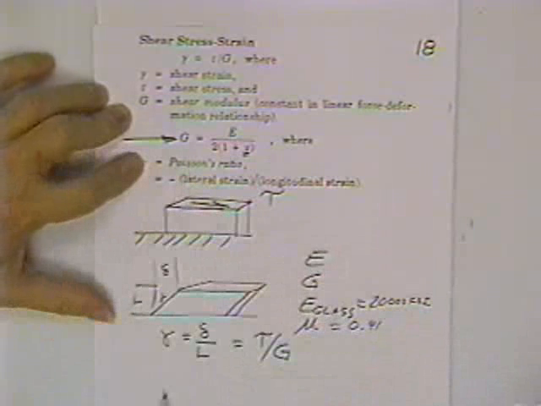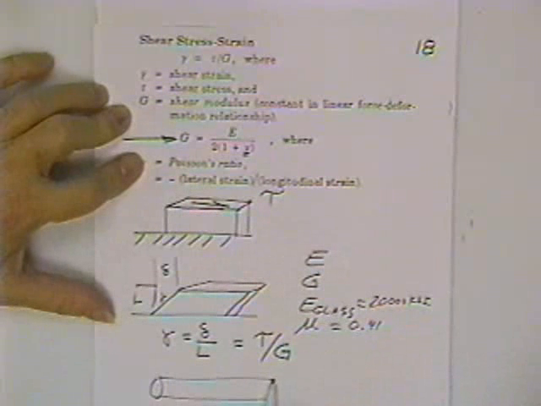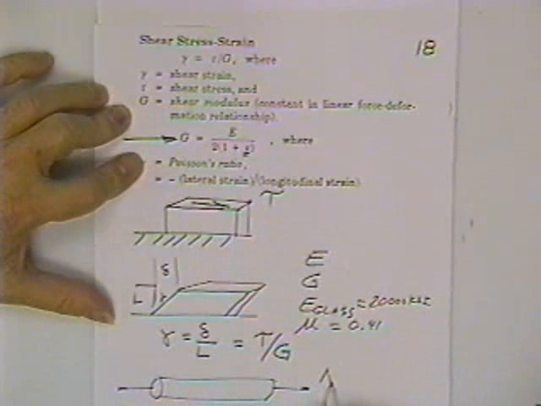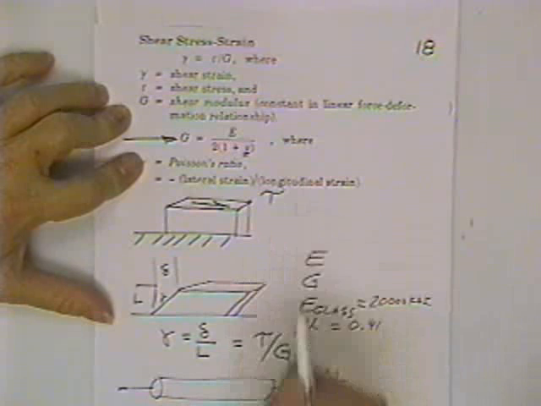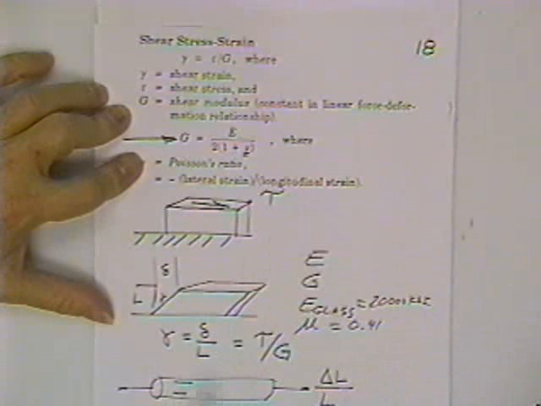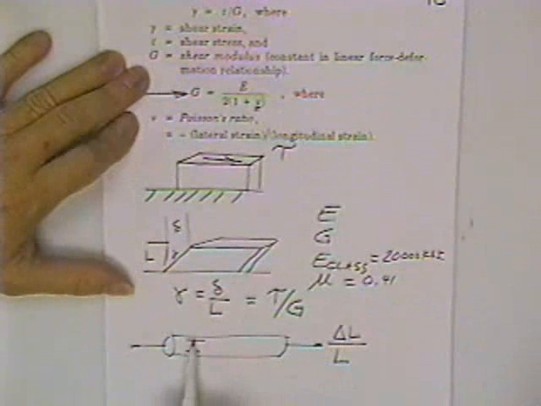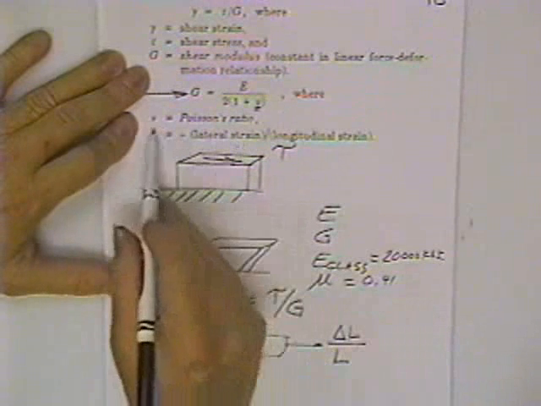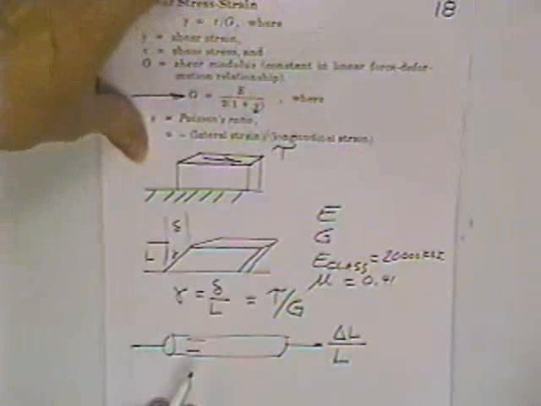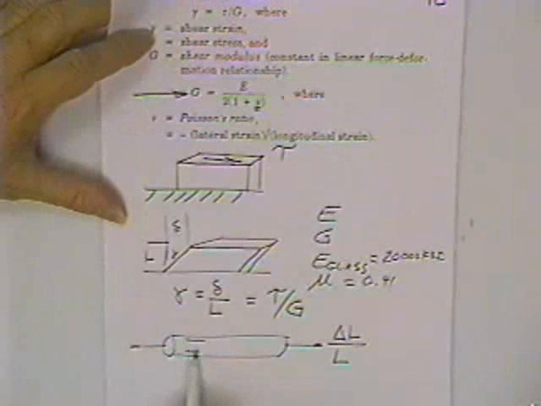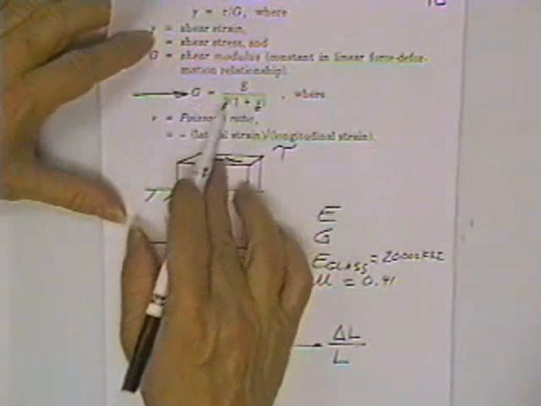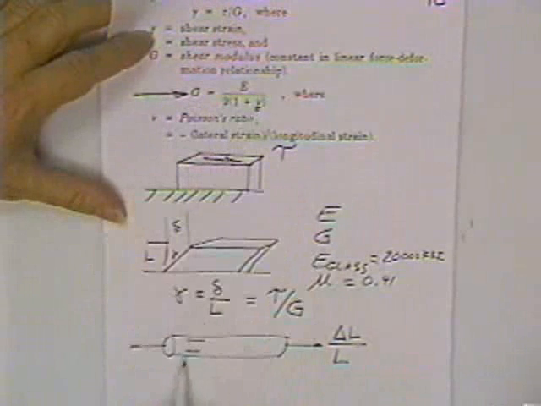And then, of course, Poisson's ratio, here's a bar. If you calculate how long it gets, that would be a change in length divided by its original length. That would be the longitudinal strain. You'll find that bar tends to get a little bit narrower right in this section. And you can solve for the lateral strain knowing Poisson's ratio. In fact, they might ask you what the lateral strain is for a material that gave you G and gave you E. You calculate Poisson's ratio.